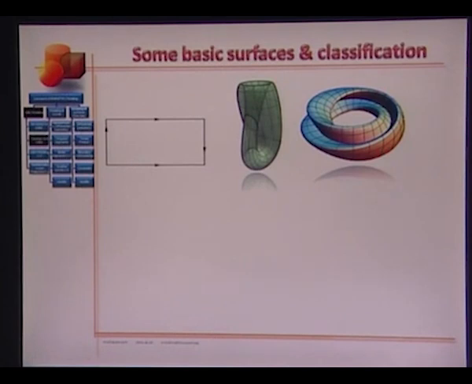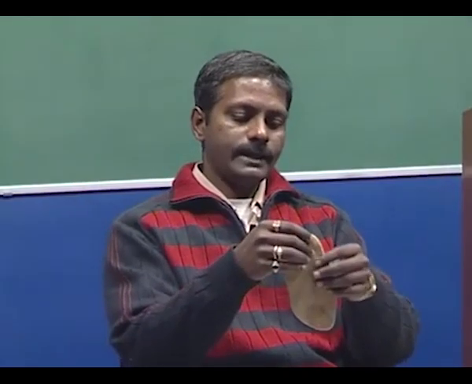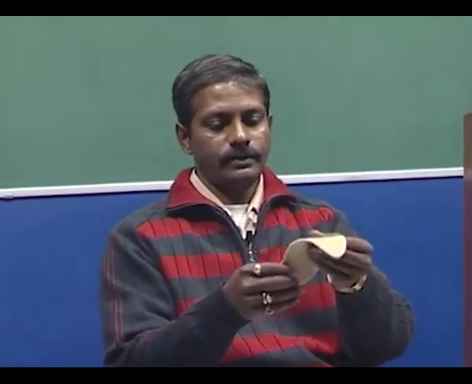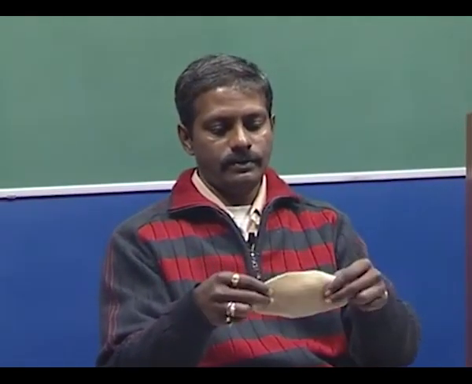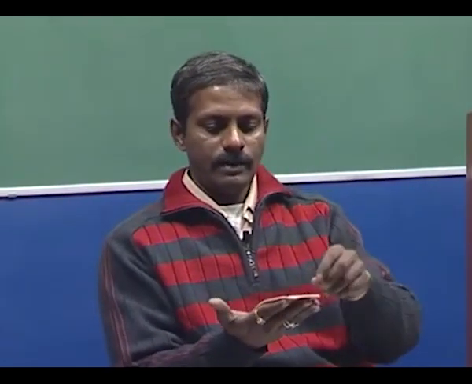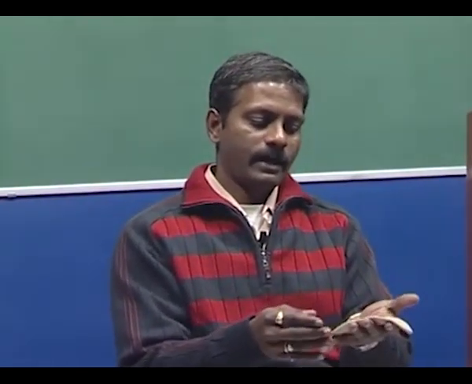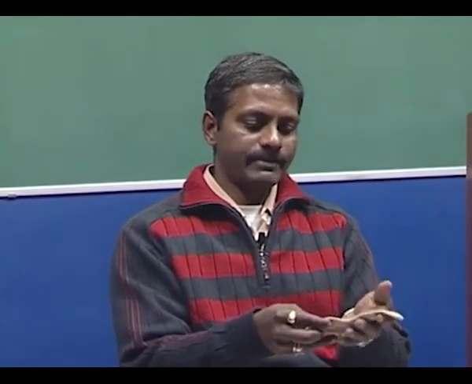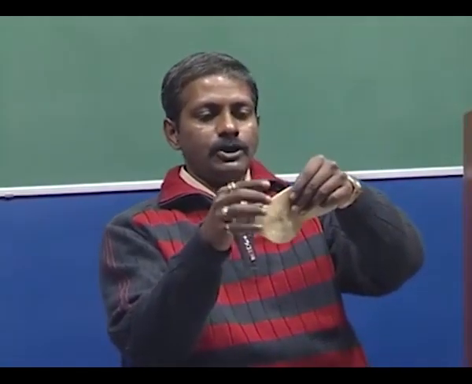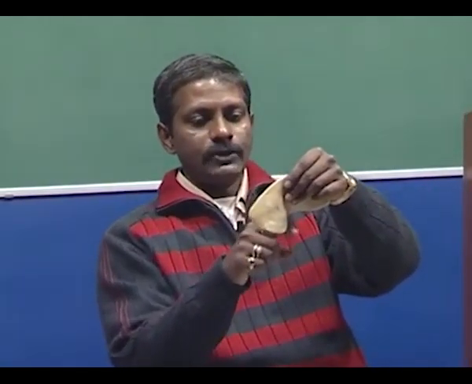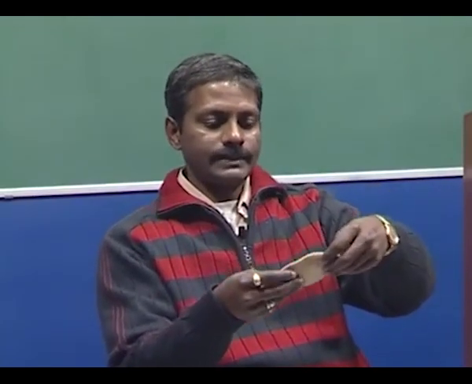Let me show this construction using a piece of dough. This is almost a rectangular shaped piece of dough. Well, I'm getting hungry by looking at this. Let's try to execute the first step. Join this and this edge together to get an open cylinder.